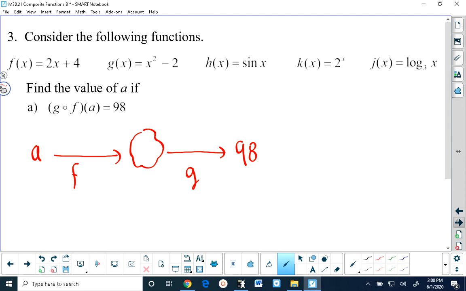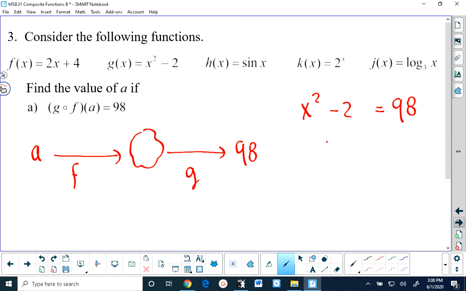We have to say to ourselves, if 98 comes out of g, what went into g? Well, g is x squared minus 2. So x squared minus 2 produced 98 when some number went in. So we're going to figure out what that number would be.